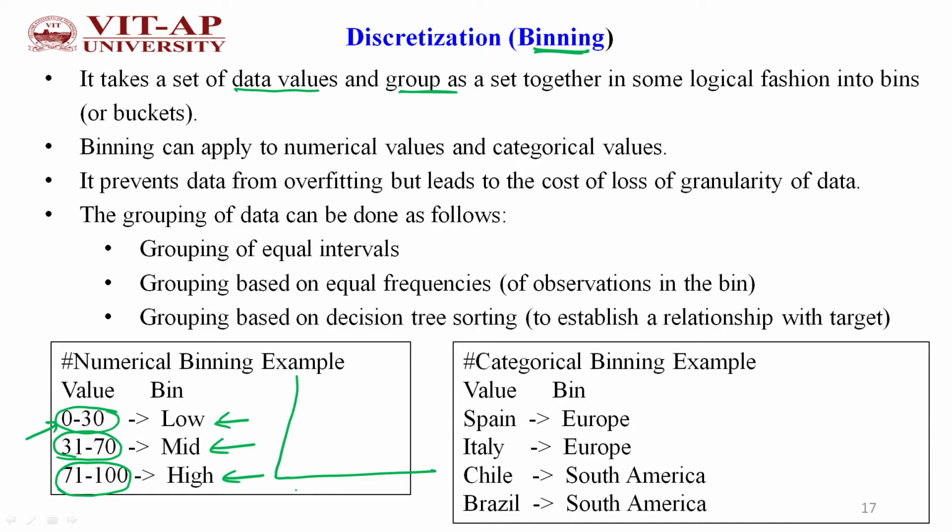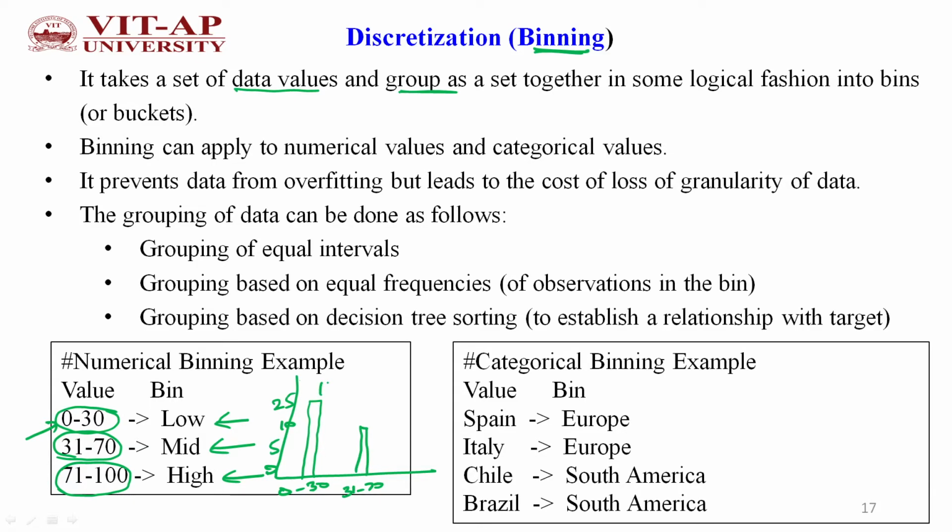So this range 0 to 30 can be viewed like this: suppose I have 25 people in the 0 to 30 range. Then in the middle, if I have 10 people, that is 31 to 70, the second bin.